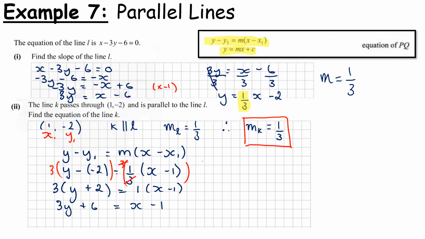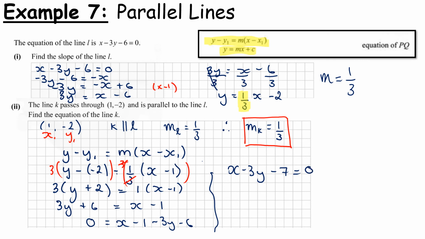And rearranging this, I'm going to bring everything over to the right hand side. So I'm going to subtract a 3y, and I'm going to subtract a 6, and we get x minus 3y minus 7 equals 0.